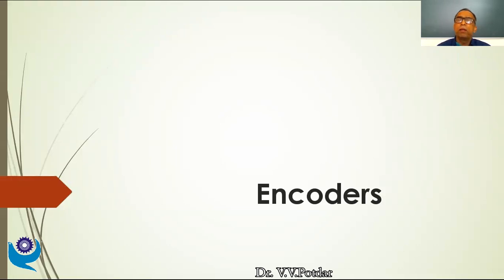Now today, the position sensors that we'll be studying are called encoders. Encoders are essentially digital transducers. Once again, encoders are also position sensors, but the only difference as compared to earlier transducers is that encoders generate binary signals or digital signals directly.